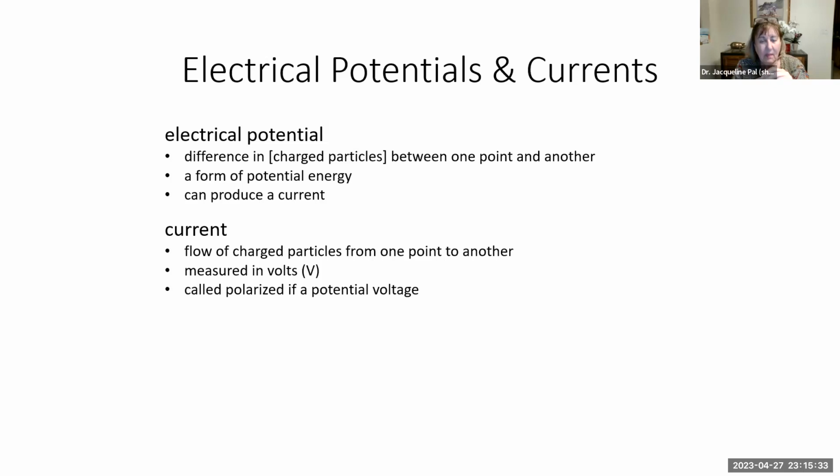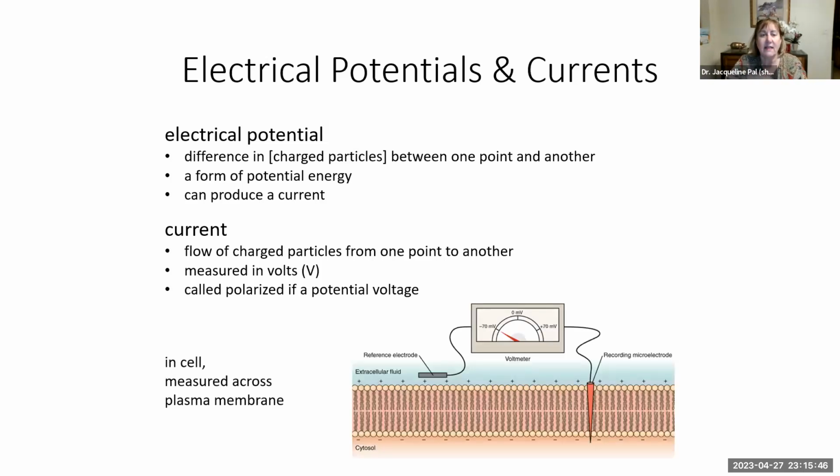And if it's a potential voltage, it is polarized because it's not where it needs to be yet. And so in a cell, we measure it across the plasma membrane. This is a typical setup where you have a little threshold detector at one side attached to a voltmeter.